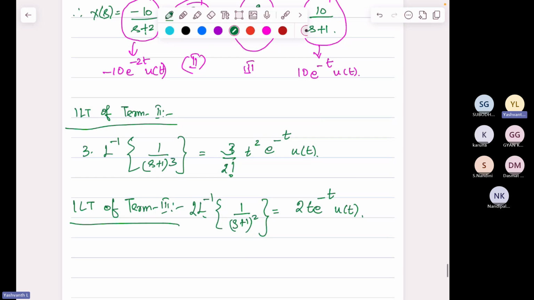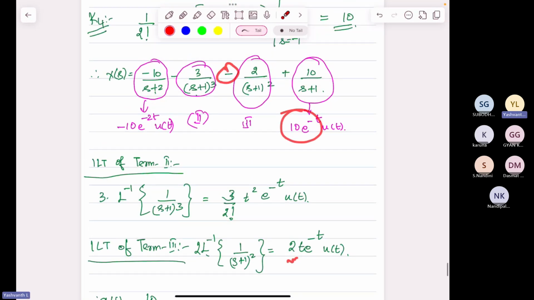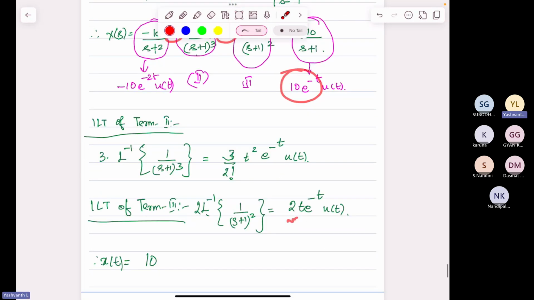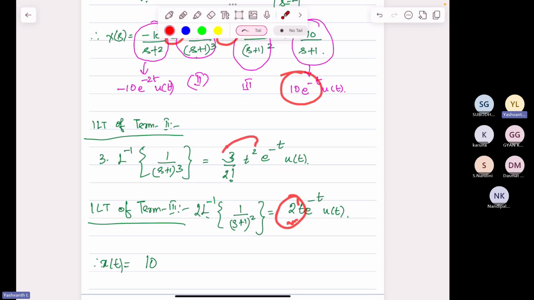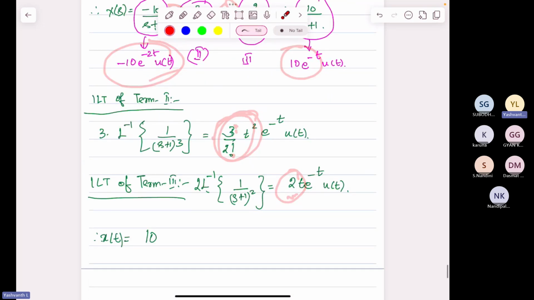Therefore, we'll just add all of them. Therefore, small x of t equals 10, that is from here, and there is a minus in front of 3 in the second term, so minus 2t minus 1.5 t square. 2 factorial is 2, so 3 by 2 is 1.5 t square, and minus 10 times e power minus 2t, whole times u of t. That's all.